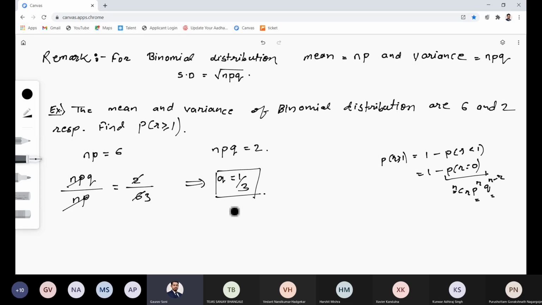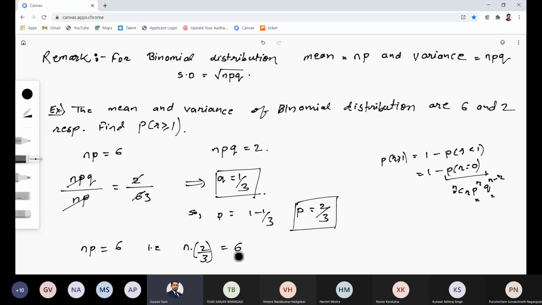So since Q is 1 by 3, P will be equal to 1 minus 1 by 3, so P will be equal to 2 by 3. So N into P is equal to 6, that is N into 2 by 3 is equal to 6, which gives me N is equal to 9.